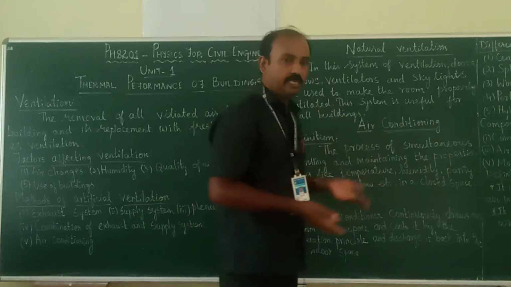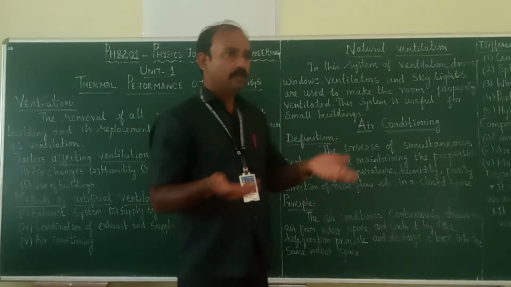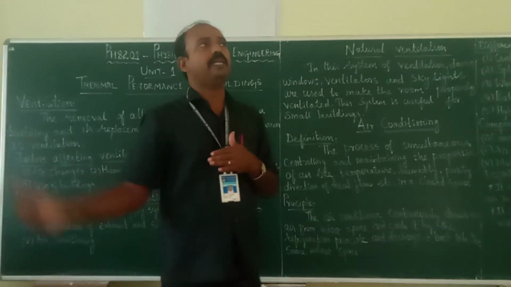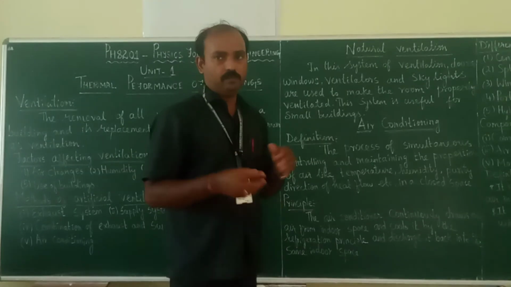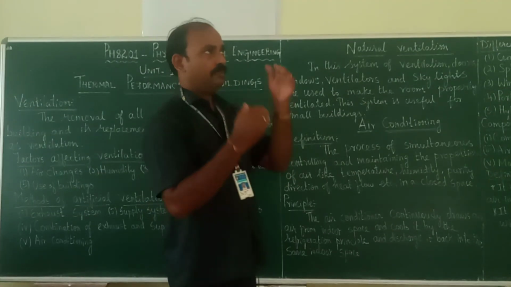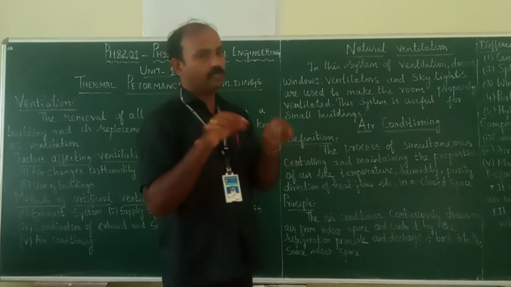Then natural ventilation, which I already explained. Natural ventilation means windows and ventilators. What is a ventilator? A small gap at the top of the wall between the concrete and the wall. That's one ventilator.